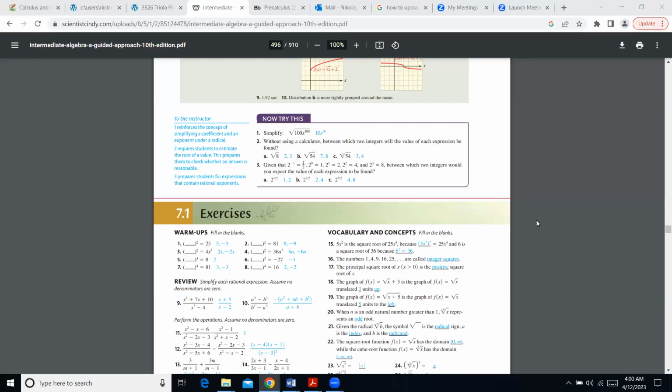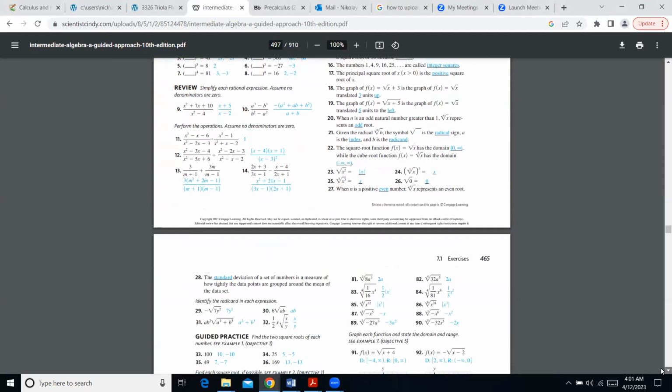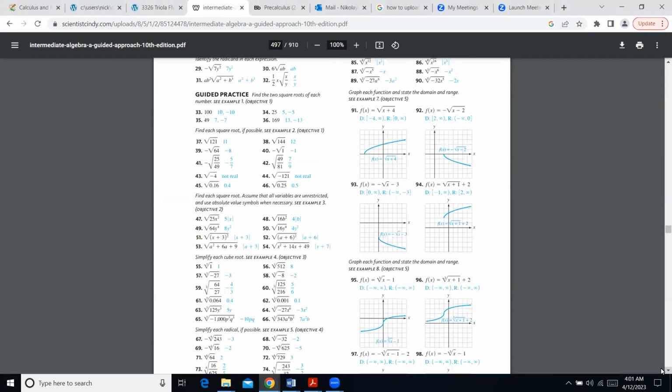So we're going to see how the roots, or we call them radicals, are being simplified. And we considered various radicals: square roots, cube roots, fourth degree roots.